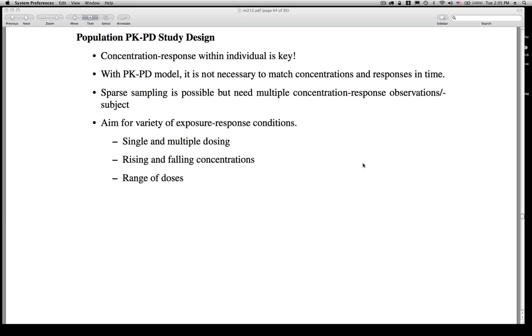Another key point here is that if we're building structural models for pharmacokinetics, it's not necessary to match concentration and responses in time. At least not the observed cases, we can make model predictions at any time.